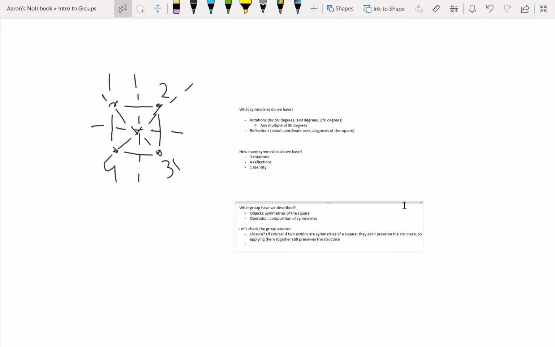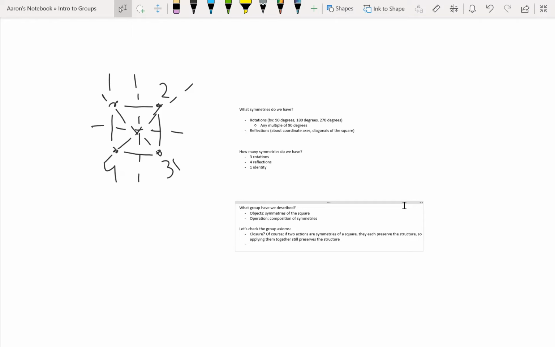If we have two rotations that are both symmetries of the square, doing one and then the other, well, after we do the first one, the square takes up the same amount of space, and then the second one is going to preserve the space it takes up. So of course the composition has to overall preserve the structure that we're looking for.